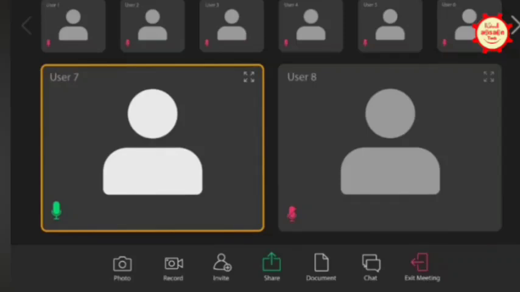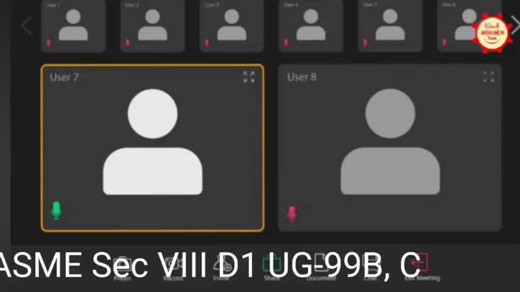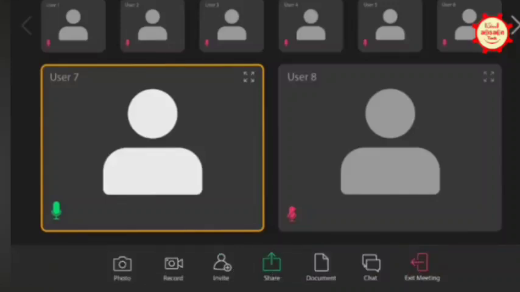As far as the code is concerned, if you see UG99, there are two given, UG99B and UG99C. And UG100 is for pneumatic.